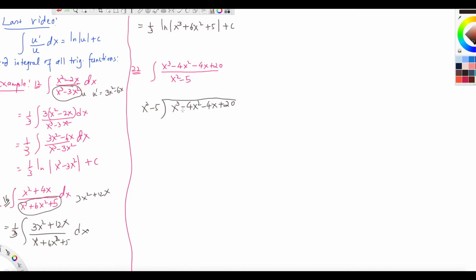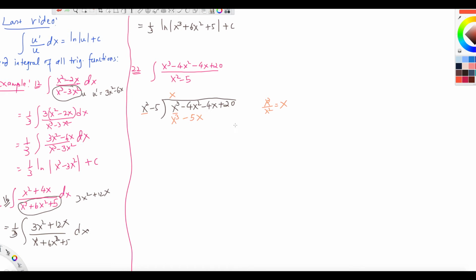When you divide using long division, you divide the first term by the first term, that is x cubed over x squared. You get x, right? So write down that x here, and then multiply that x with both terms of the divisor. X squared times x is x cubed, right? And x times negative 5 is negative 5x.